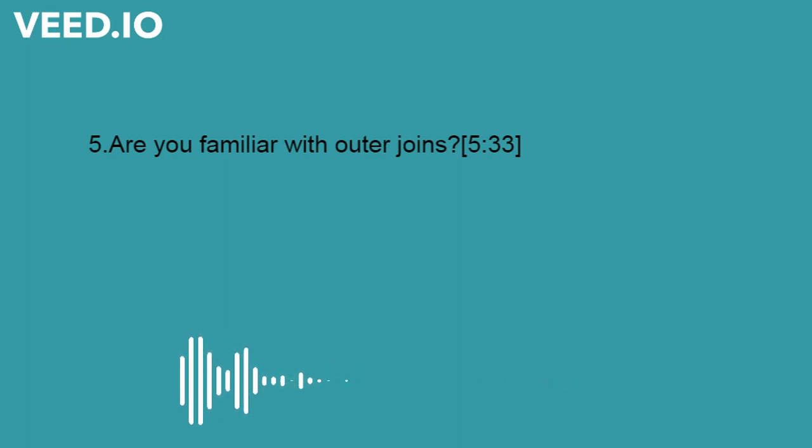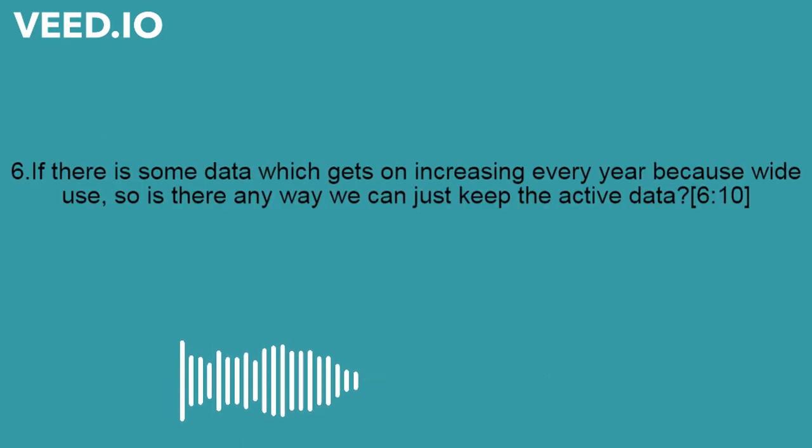Okay. You have written that you have been in the banking domain. Yes. Suppose there is some data which keeps increasing every year and becomes quite huge. Is there any way that we can keep just the active data and store the other, non-active data just for historical records?